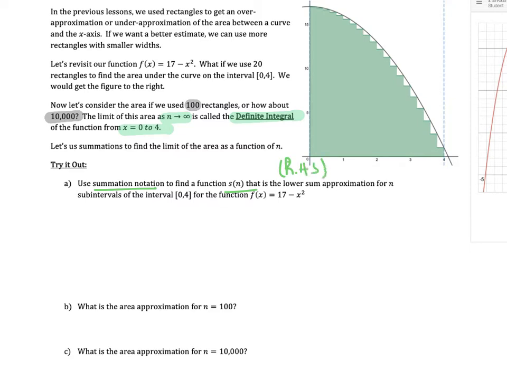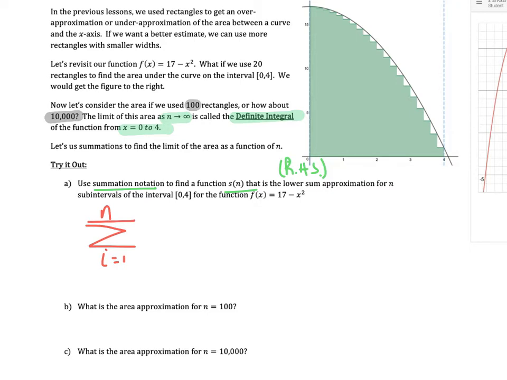Right-hand sum is the one that's below, all right? And so let's do that, okay? So we're going to sum up the rectangles, okay? And we're going to go from i equals 1 to n, okay?